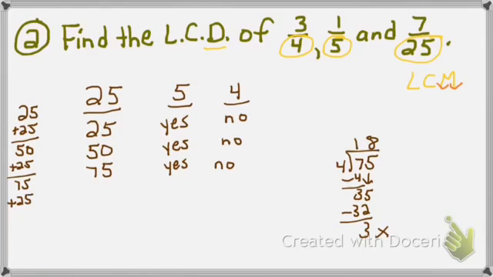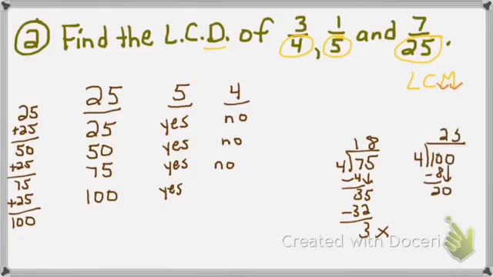Add another 25 to that, and I get 100. Is 100 divisible by 5? It has to be. It ends in a 0. Is 100 divisible by 4? Remember, the divisibility rule of 4 is the last two digits, unless those last two digits are both zeros. So I'm going to do a quick little division problem and see if 4 divides evenly into 100.